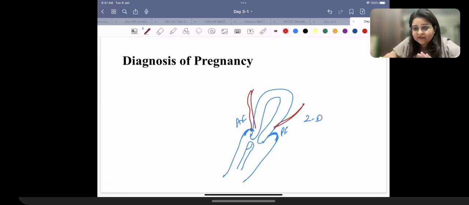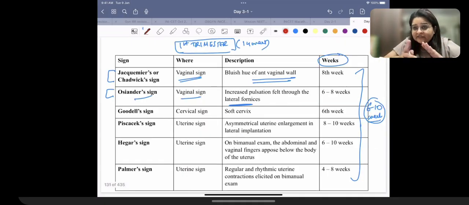What is the main blood supply of the uterus? It is the uterine artery. You're feeling the uterine artery, and these pulsations are basically pulsations of the uterine artery, which is now enlarged in size. Remember, more blood flow is flowing through the uterine artery, and hence you can nicely feel these pulsations. Okay, this is the Osiander sign.